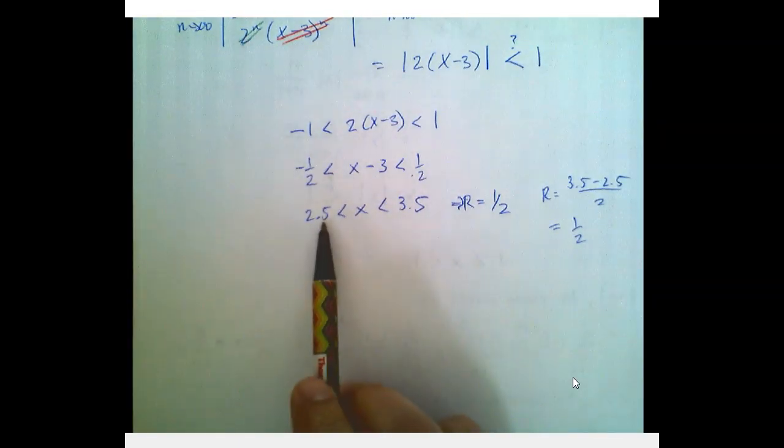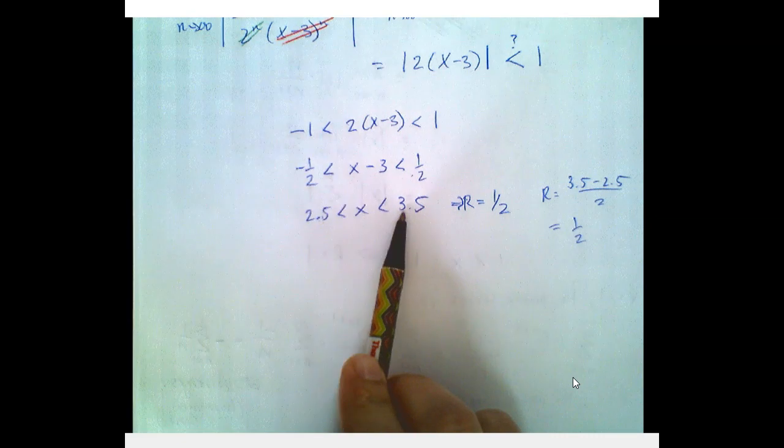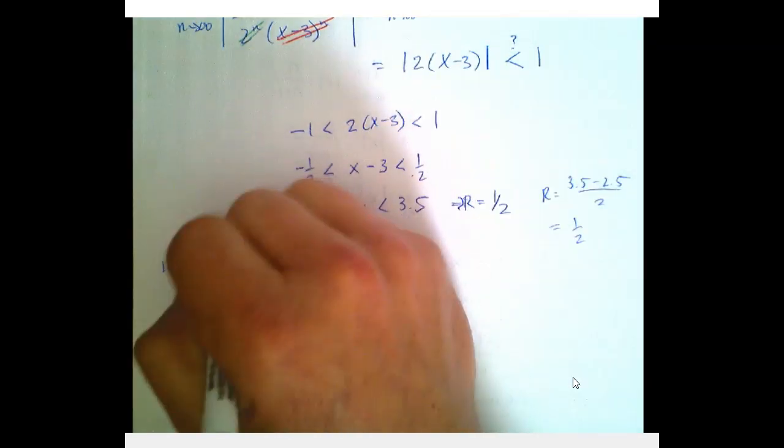So what we need to do is look at the endpoints of the interval to see if we have convergence there. So we can do 2.5 or 3.5 first. So let's do 3.5.